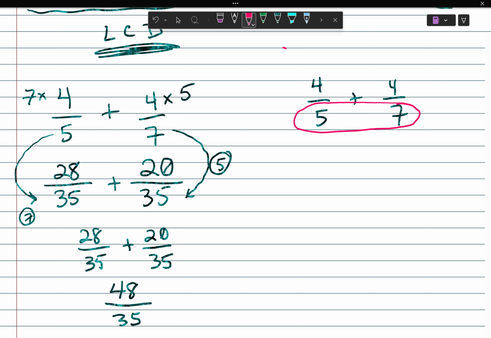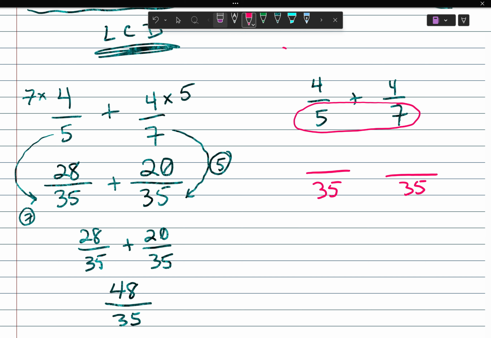So this isn't always the LCD, but sometimes it can be. But either way, this is the method. You multiply the denominators and you get that product of 5 times 7, which is 35. Right, so we get a 35.